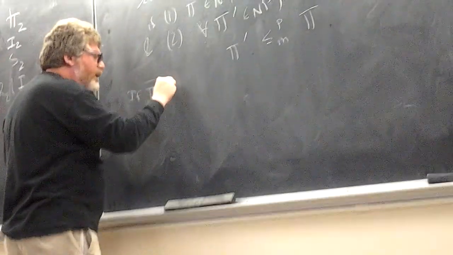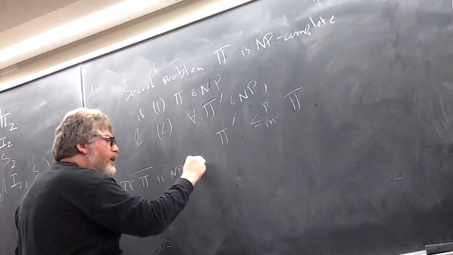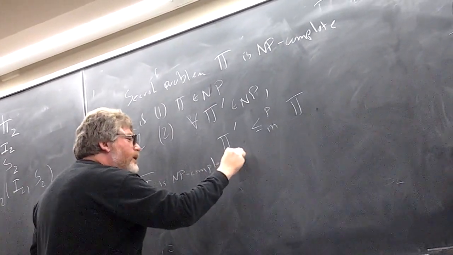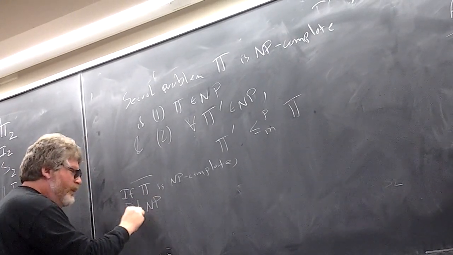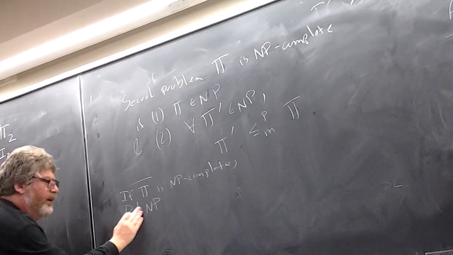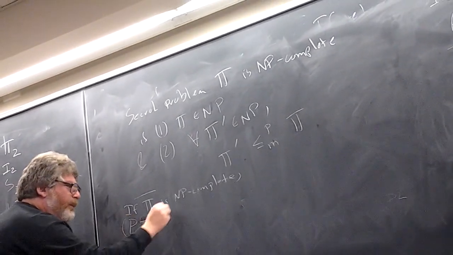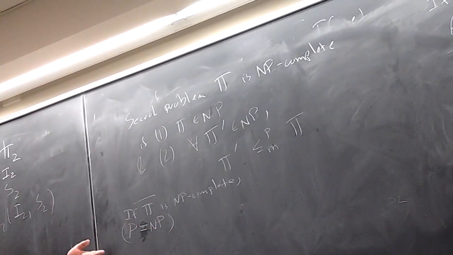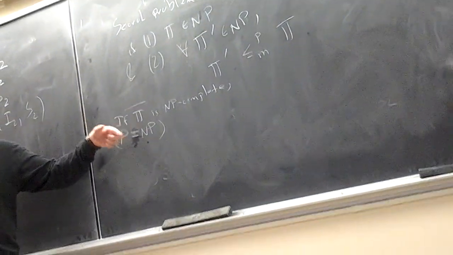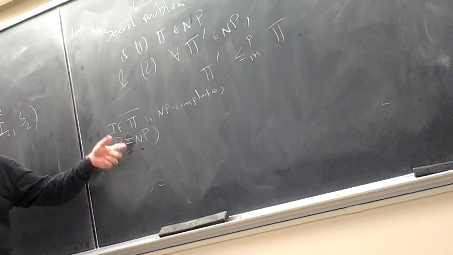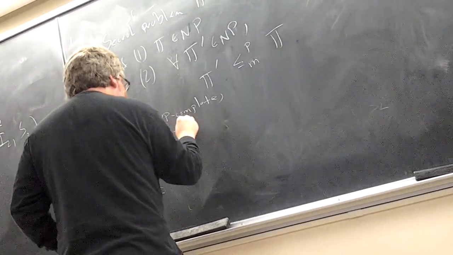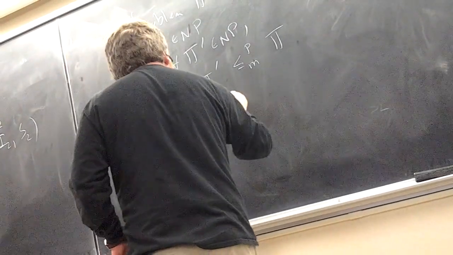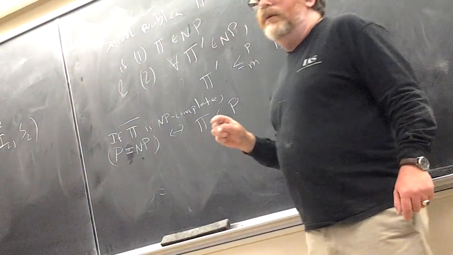So if pi is NP-complete, then this abstract question of whether P, the class of polynomial time solvable search problems, is equal to NP, the class of all problems that are our candidates for polynomial time solvability, is just equivalent to whether this single problem is polynomial time solvable.